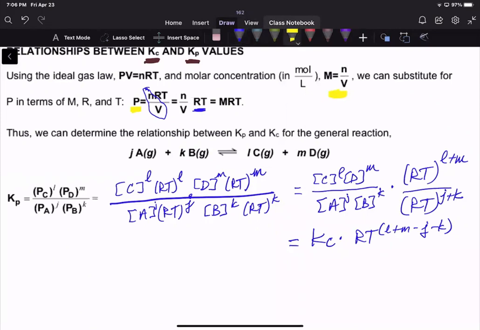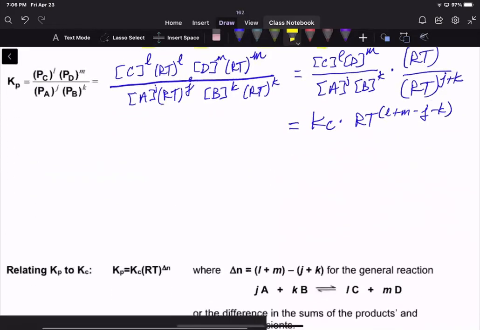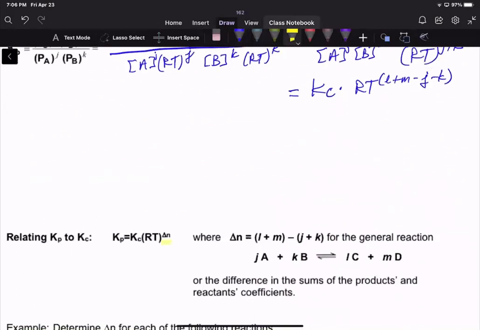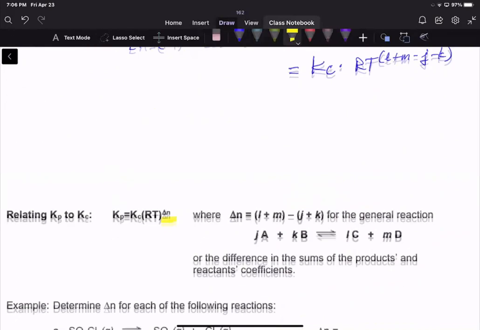And these have to be just for gases. If you had a solid in there or an aqueous component, then that would not have a factor of RT with it. It would only apply for the gases. So we're looking at this difference in moles of gas, where our delta n, difference in moles of gas, is the sum of the products minus the sum of the reactants.